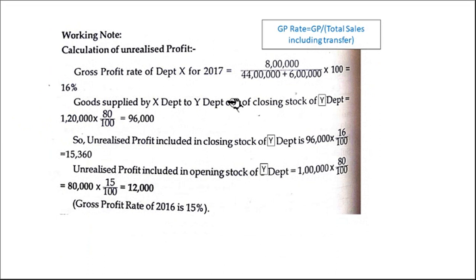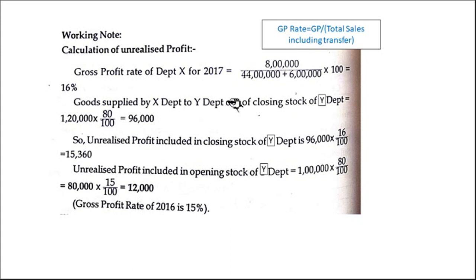Okay. See, one thing you should be very clear: when there is interdepartmental transfer, you should see whether the transfer is made at cost price or selling price. In this problem it is given selling price. When there is selling price, there must be unrealized profit. What is unrealized profit? See, for example, the cost of the good is 10 rupees.